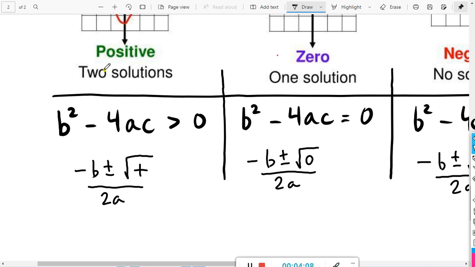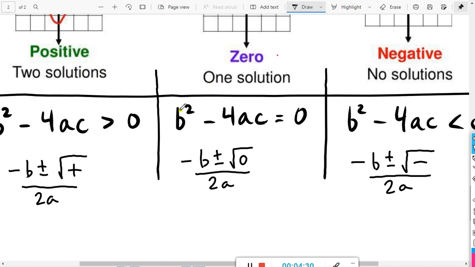The reason we have 2 solutions in the first case is that when you use the quadratic formula and the square root part is positive, you're going to get plus and minus a positive number. When you add and subtract a positive number, you get 2 different solutions. When the discriminant equals 0, the part under the square root is 0, and the square root of 0 is just 0.